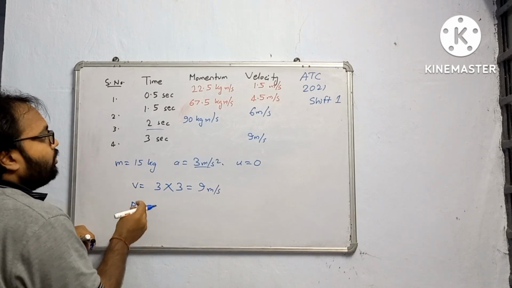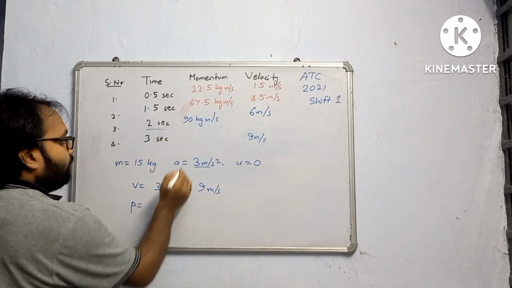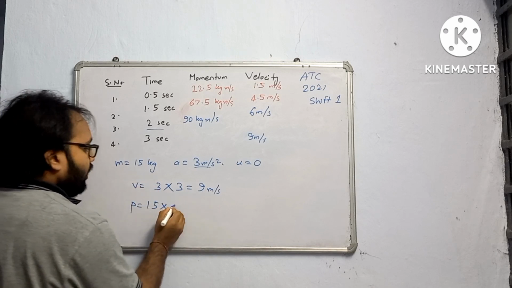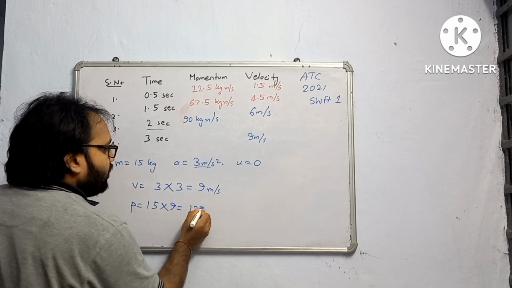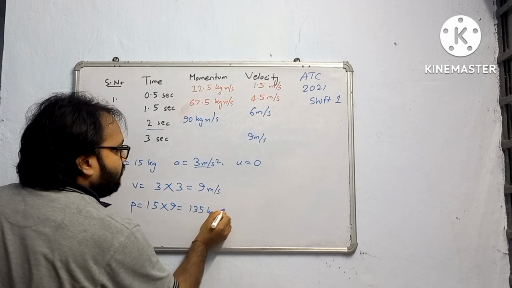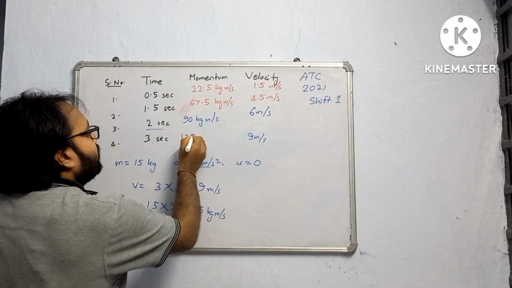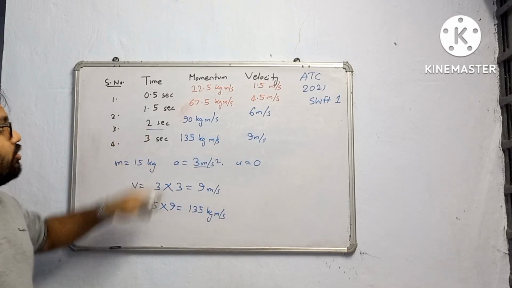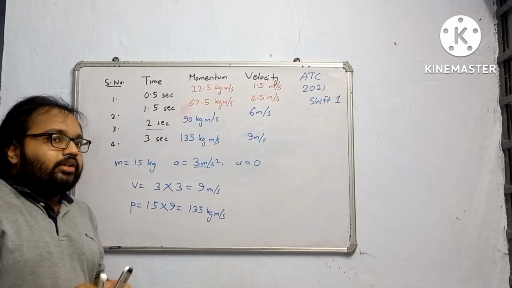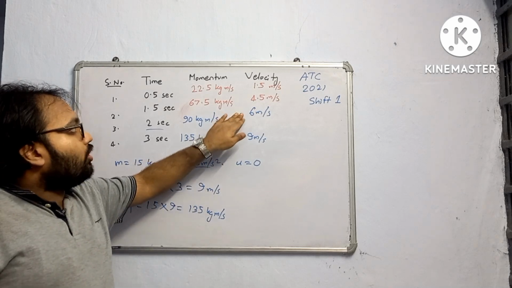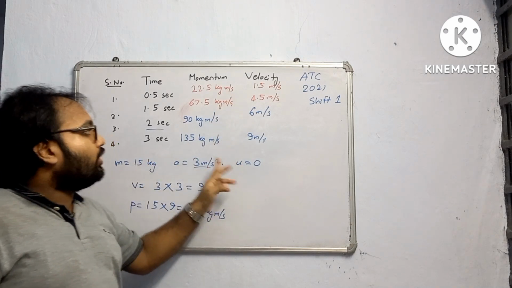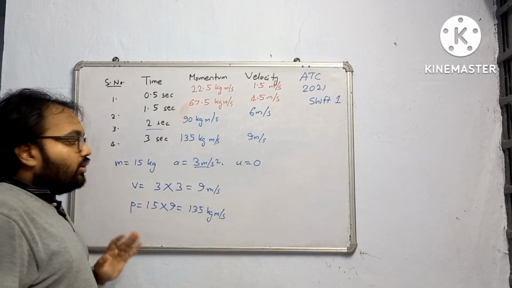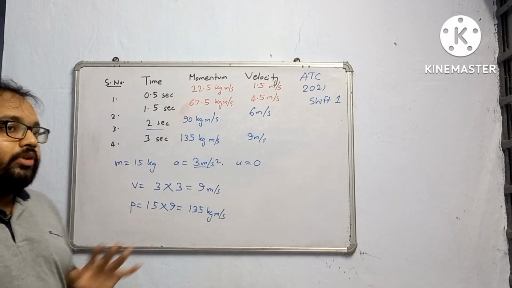Momentum P is equal to mv, 15 into 9, 15 9s are 135 kg meter per second. In this way you have to fill in the table, and from the options, whichever option is suitable you will tick that. All four columns we have filled, the table has been completed. Now we will move to the next question.